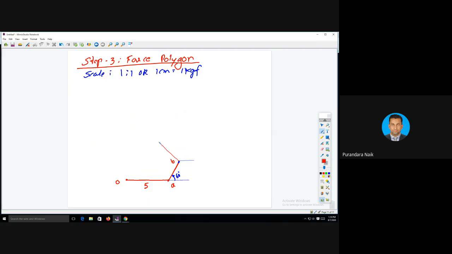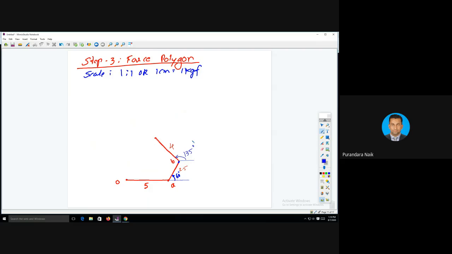So 135 degrees is somewhere here. The point is here, and the length is 4 centimeter. The corresponding angle is 135 degree from the reference line.